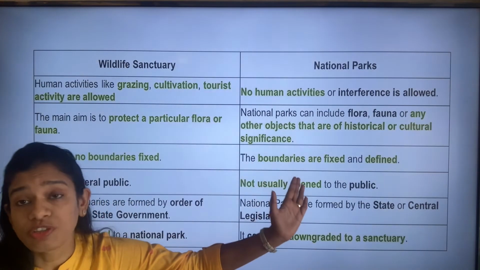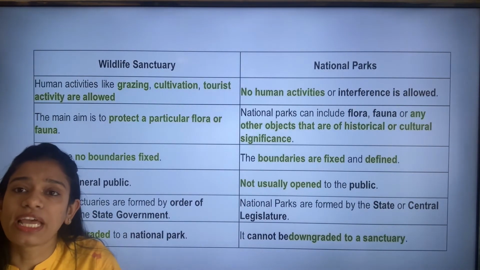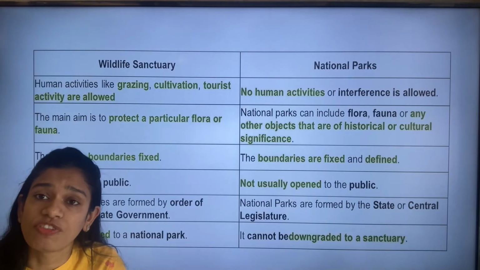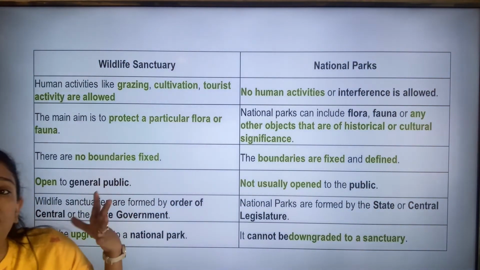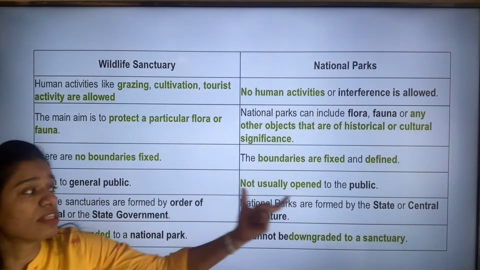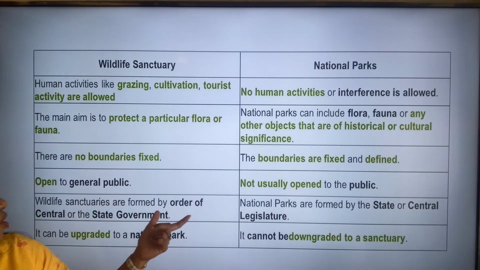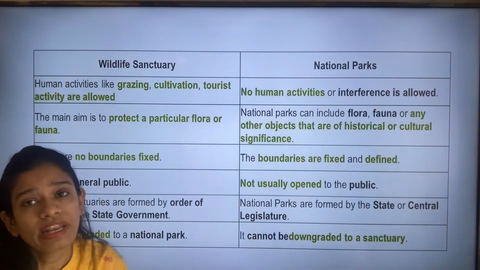For the Biosphere Reserve the boundaries are fixed and defined, because this is a huge area, and the outside area is often used by the people for cultivation, for grazing, and even for settlement. So you can understand there is no boundary fixed for a national park. It is not usually open to the general public. Wildlife sanctuaries are formed by the order of the central or state government, while national parks are formed by the state and the central legislature.